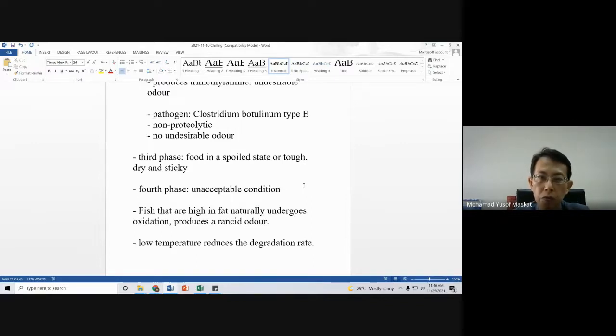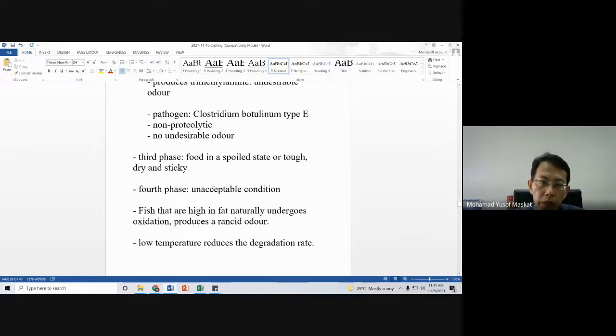However, Clostridium botulinum is non-proteolytic, so even though it is growing inside the food and producing toxins, it does not produce an undesirable odor. The concern is that consumers may look at it as if the food is still okay, still safe, and then consume it. This is something of concern.